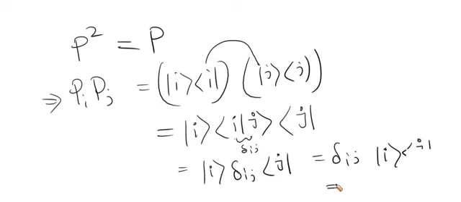So the only non-zero contribution will happen when there is no difference between i and j. So I want to keep the i and replace j with i, so this will be just this. QED.